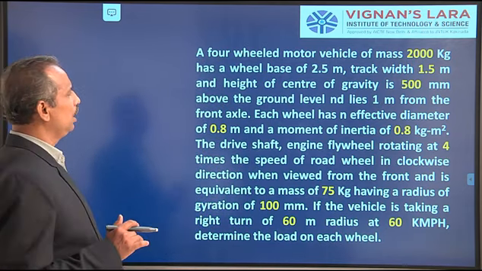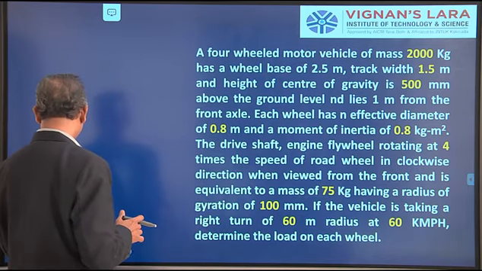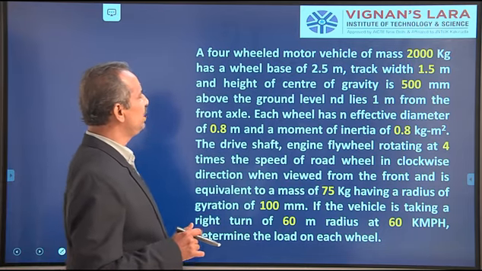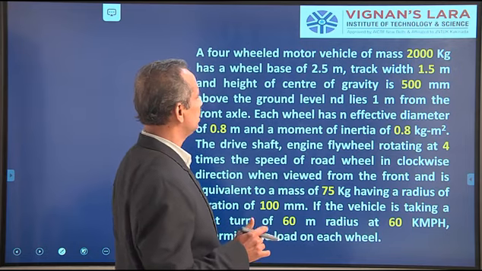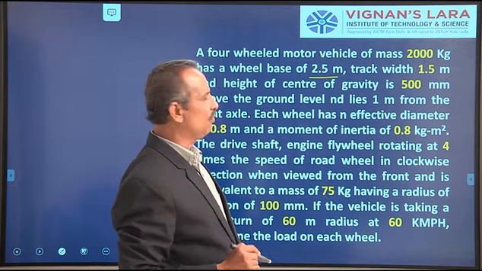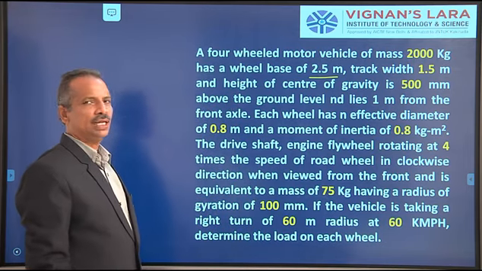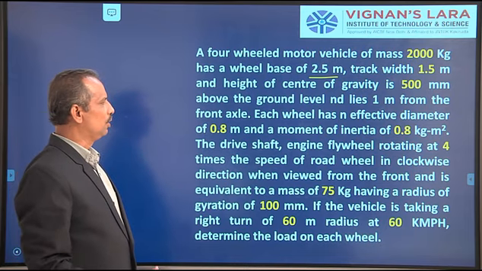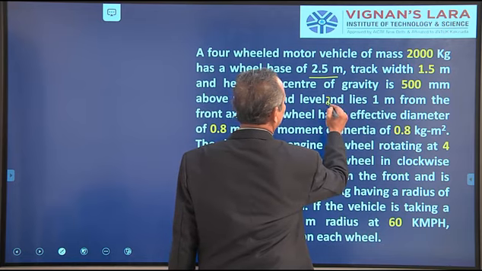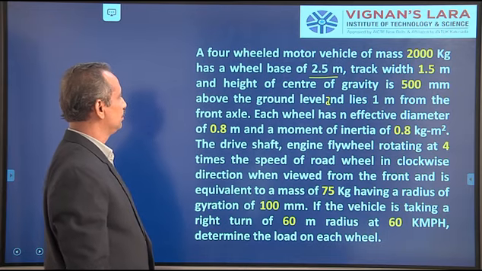A four-wheeled motor vehicle of mass 2000 kg has a wheelbase of 2.5 meters and a track width of 1.5 meters, and the height of the center of gravity is 500 mm above the ground level, and it lies 1 meter from the front axle.